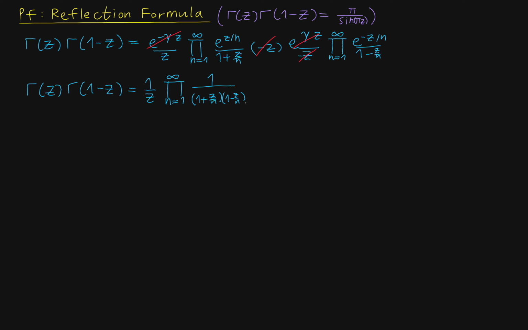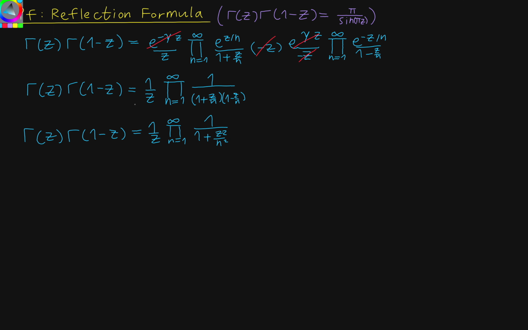And now you may notice that this is basically factored as a difference of squares, so we can expand that. So then we have 1 over z times the infinite product, n equals 1 to infinity, of 1 over 1 plus z squared over n squared.